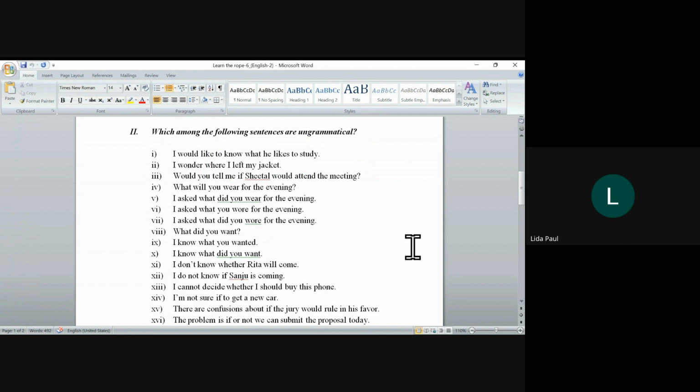See, now here the problem is, in the first case, "what he likes to study," you did not have any auxiliaries, right? You had a straightforward clause. But here you have an auxiliary: what did you wear for the evening? The did should not be there.